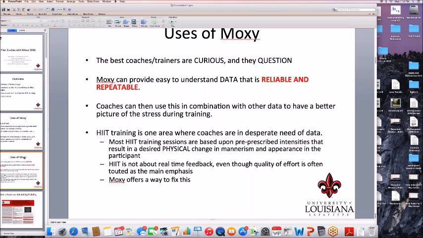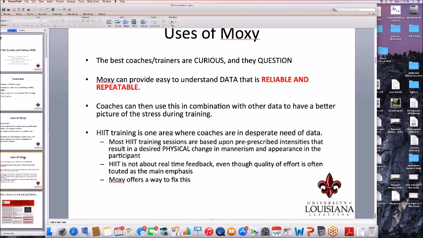So what am I talking about there? Well, you can use these in combination with heart rate monitors. You can use these in combination with actually talking with your athletes about their perceptions of what's going on. You can use these in combination with temperature change, with, in our lab, hormone change, respiratory data change, physical performance based on measurable outcomes like wattage on a cycle or power generated on a treadmill or isometric strength measurements on a force plate.